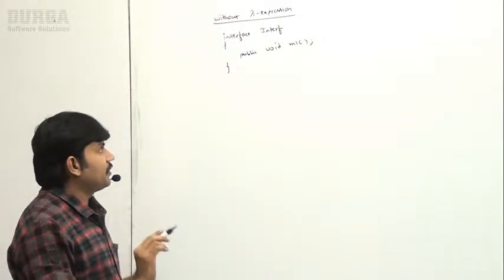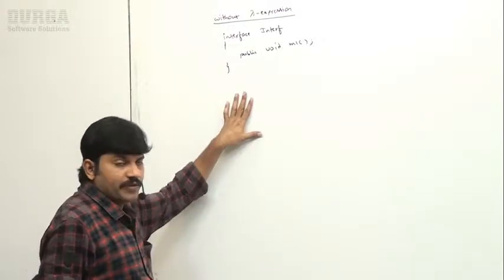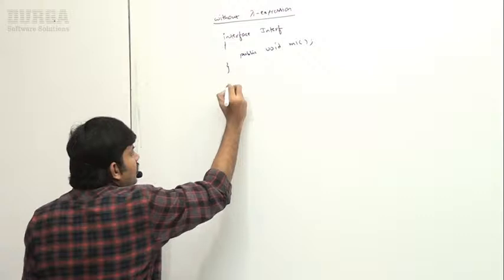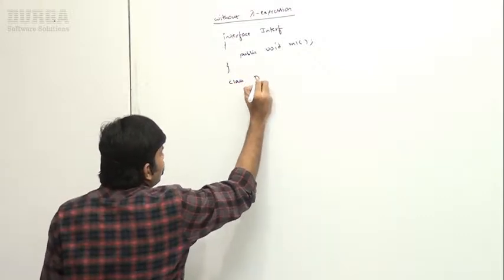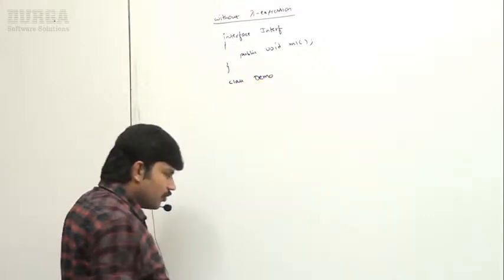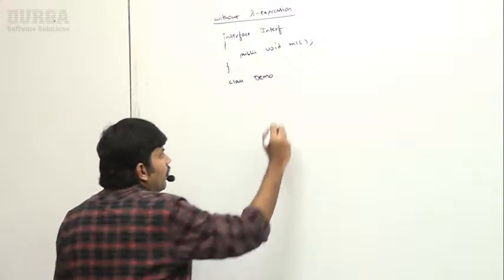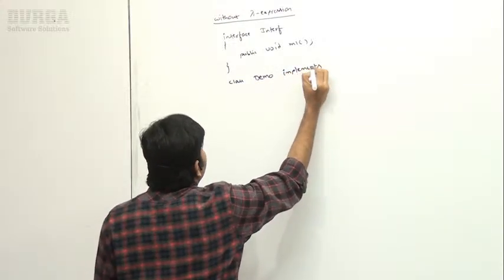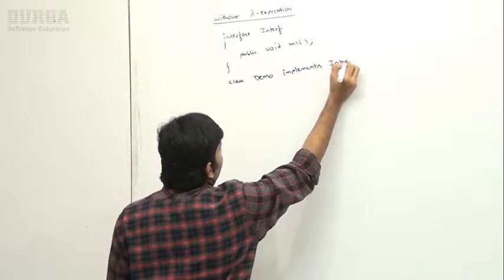Sir, I want to implement this interface. I don't know lambda expression, sir. Then what is the way? I'm using class Demo implements Interf.